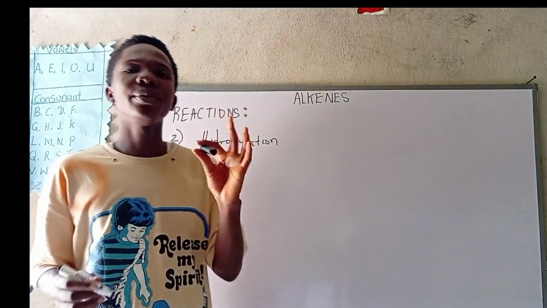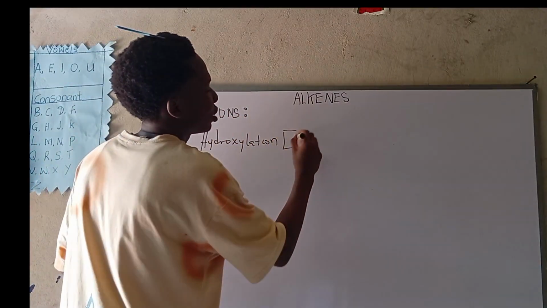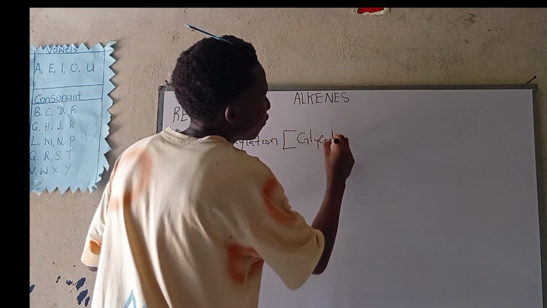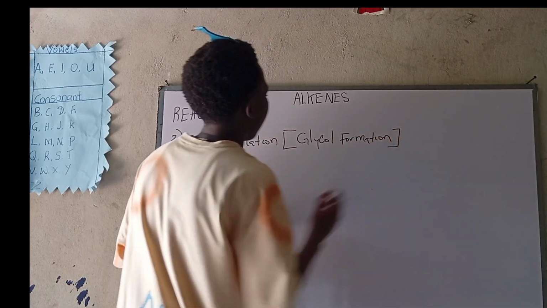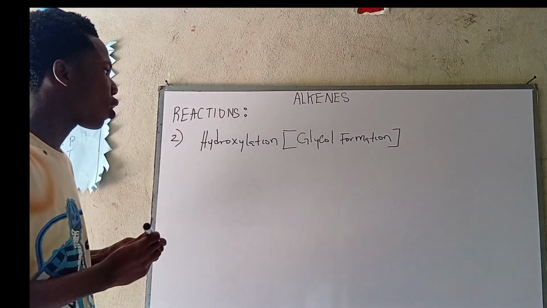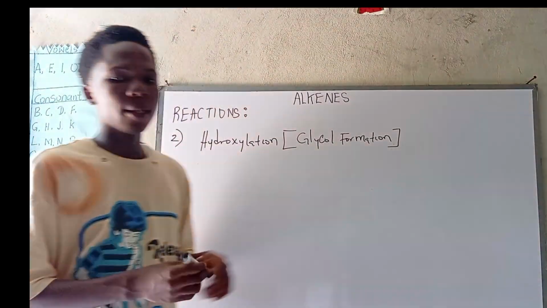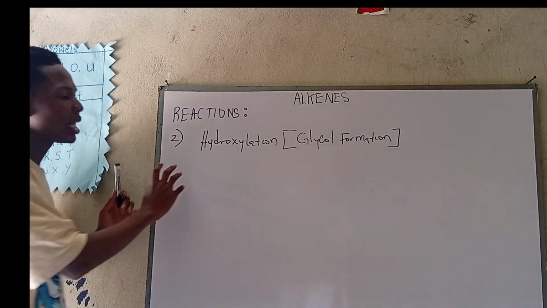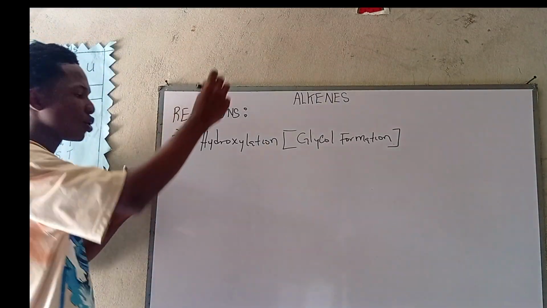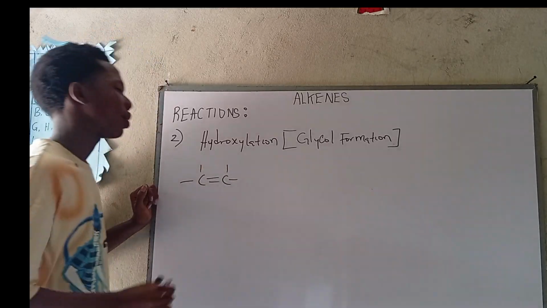Hydroxylation can actually be called glycol formation. The process is called hydroxylation, and it's going to give us glycol. We are going to look at the general formula first. We know it's going to contain alkenes. Let's write it.